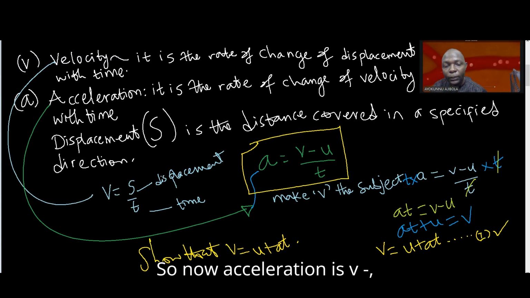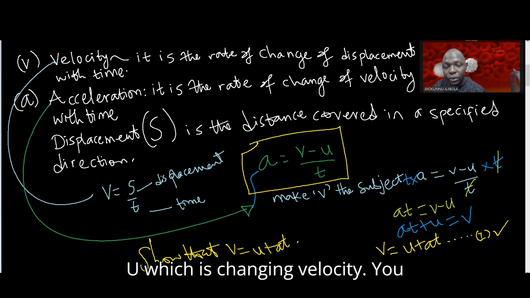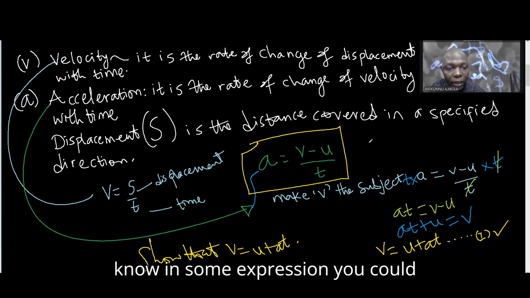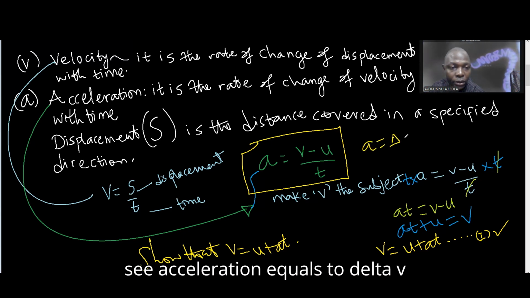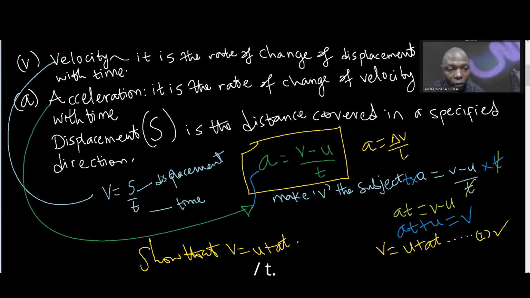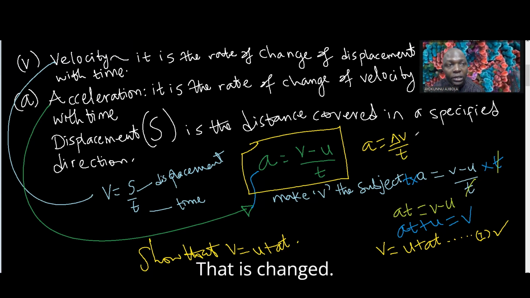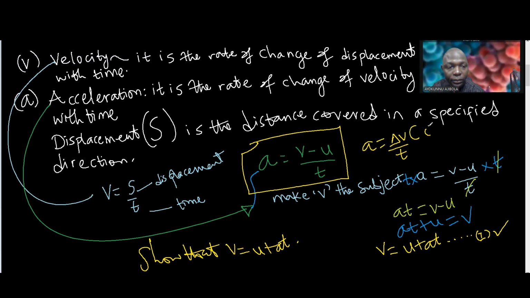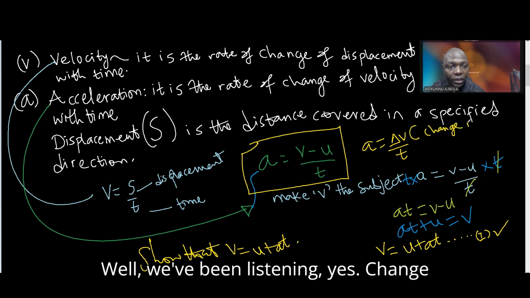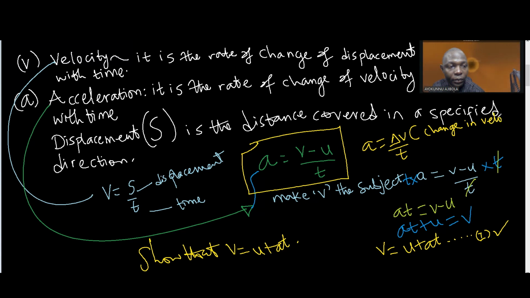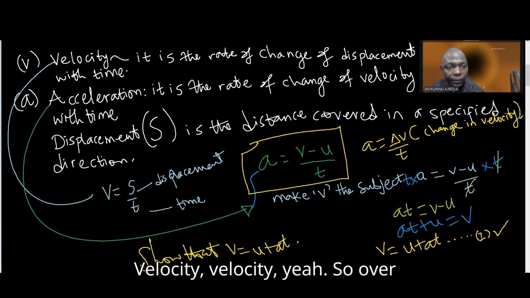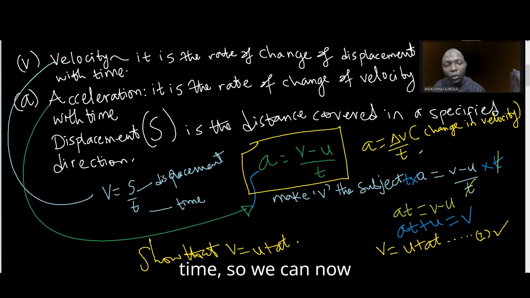So now, acceleration is v minus u, which is change in velocity. In some expressions, you could see acceleration equals delta v over t, that is change in velocity over time.